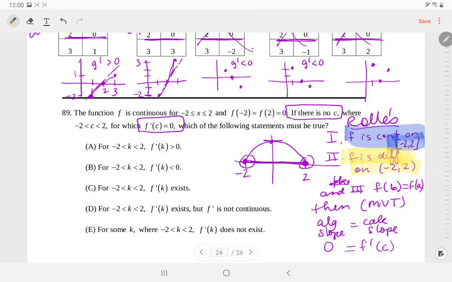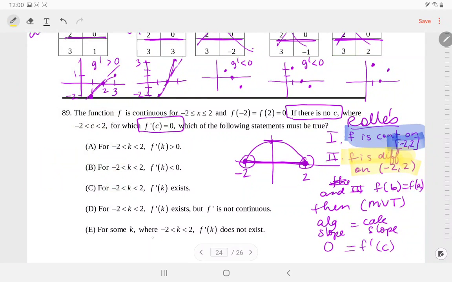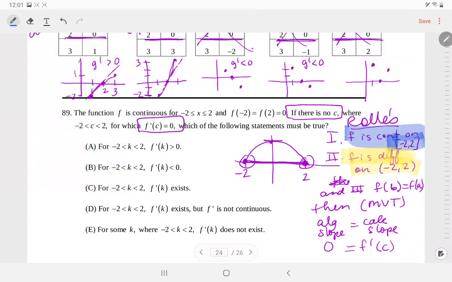So let's see. I feel like it might be E. Let me get back to a color, like an actual pen. Let's see.